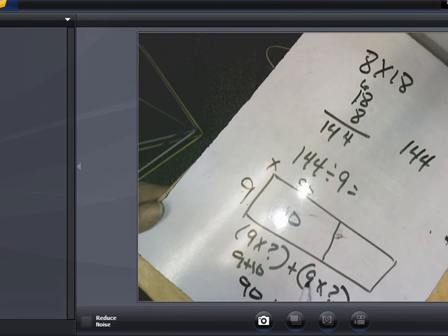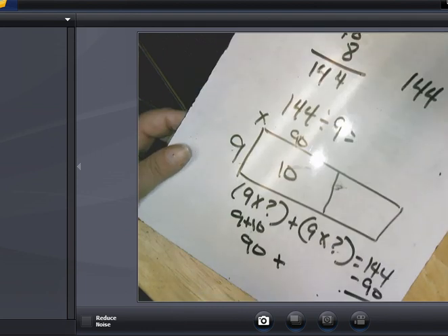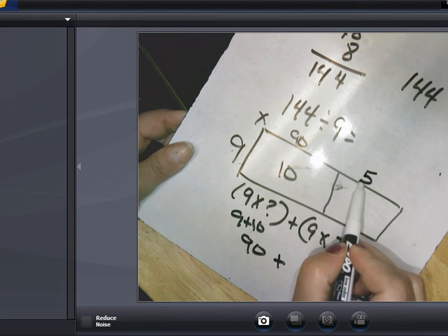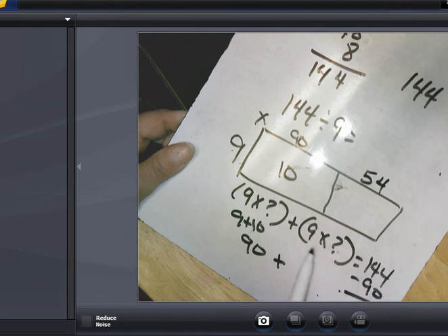And then if I've used 90, I can subtract that from 144, and I have 54 left. So now I have to ask myself, 9 times what will get me to 54?